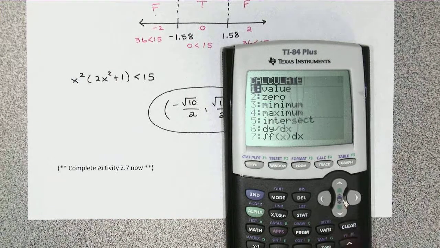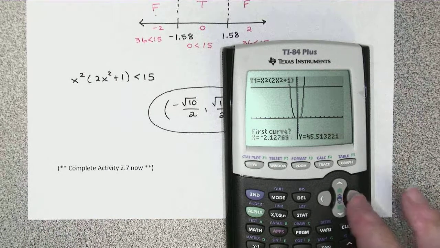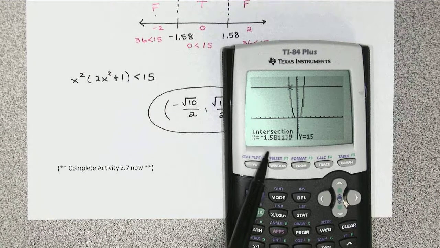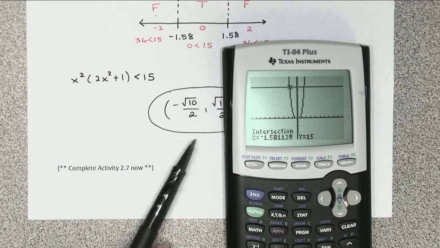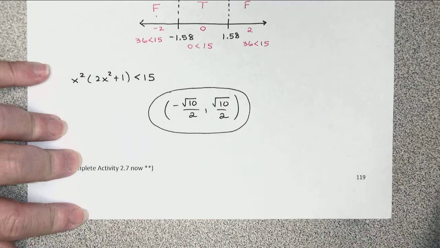On my calculator, I could get the intersection points. And there's that negative 1.58 that we had already discovered, and just by symmetry, the other one would be the positive 1.58. Calculator, of course, isn't going to give us these exact values, but we can certainly see that we get the same thing as we got when we did the decimal approximation. All right, that is the end of section 2.7.